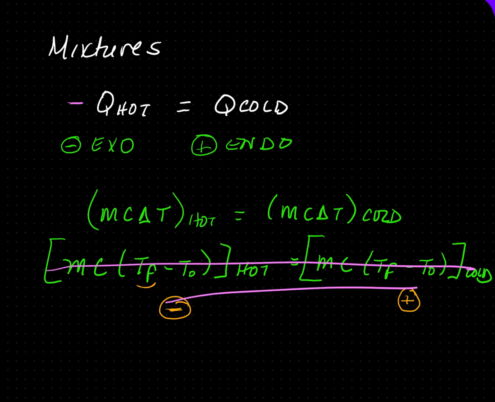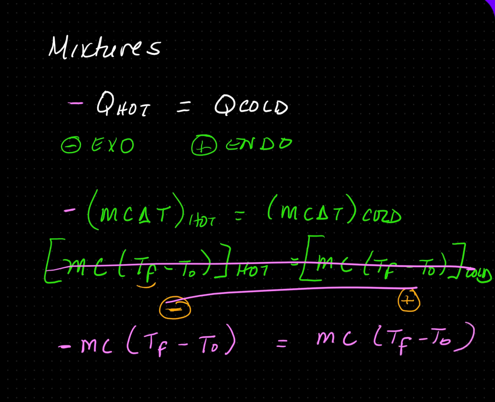So if I stick a negative sign in front here and I expand this out, this is going to be negative mc T final minus T initial for the hot. The cold is still going to be mc T final minus T initial. So I need to distribute the sign, which is negative mc T final minus a negative times a negative is a positive mc T initial.